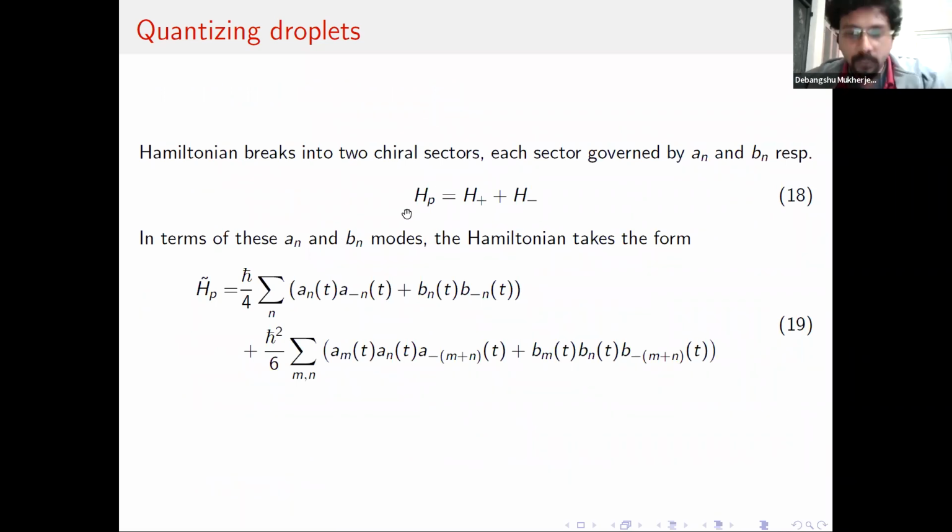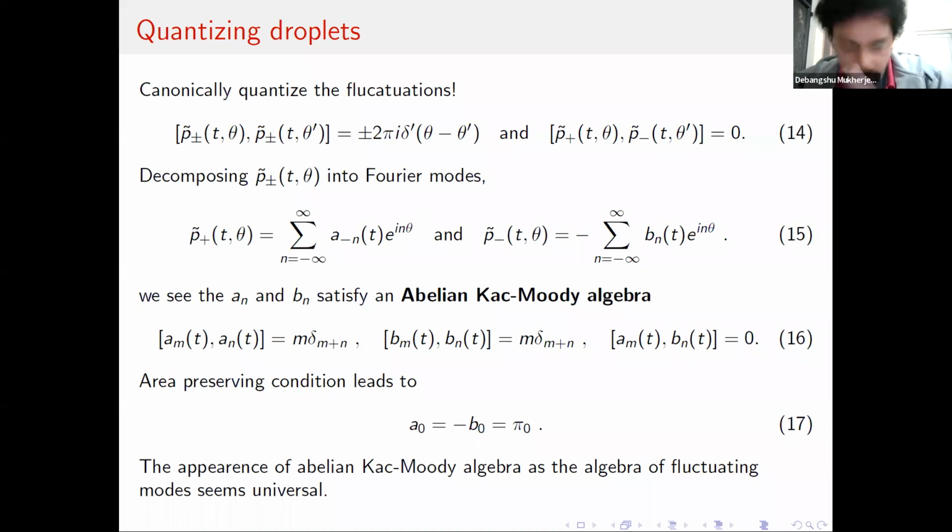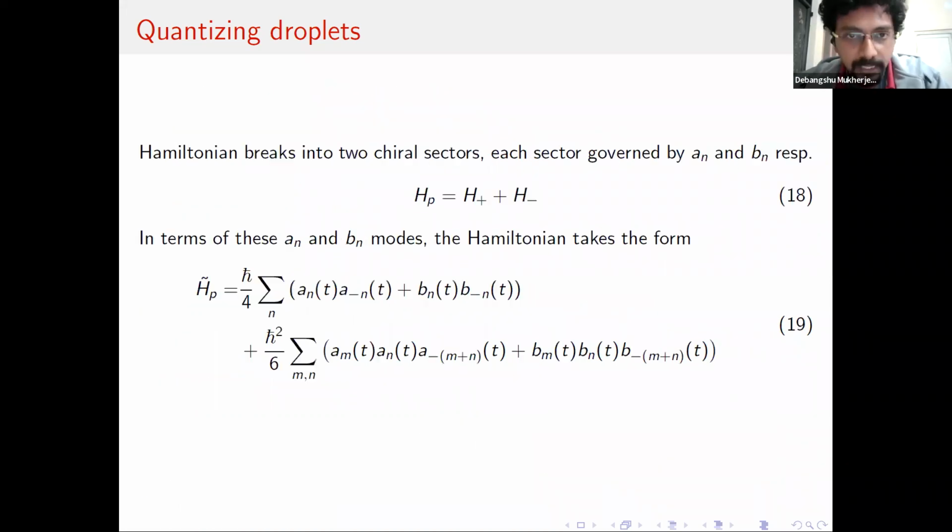So what we just saw is that the Hamiltonian breaks into two chiral sectors, the plus and the minus sector, governed independently. And in terms of these an and bn modes, this is how the Hamiltonian looks. The first line is essentially the harmonic oscillator piece, and the second term is a 3-point interaction piece, which is the interesting part in the Hamiltonian.